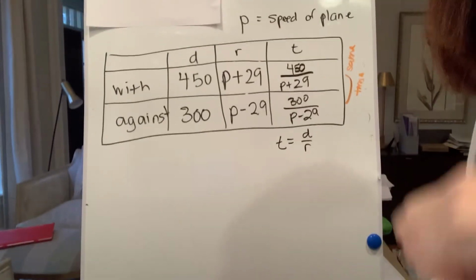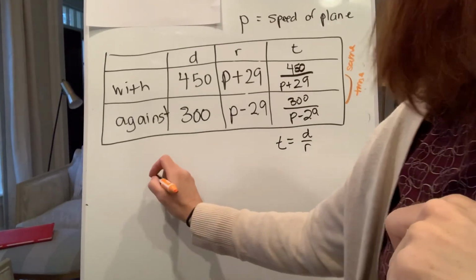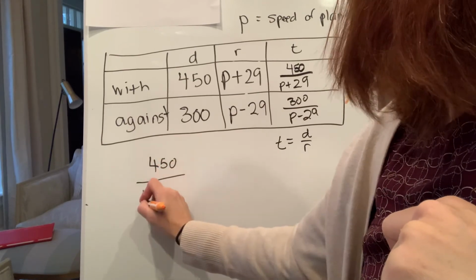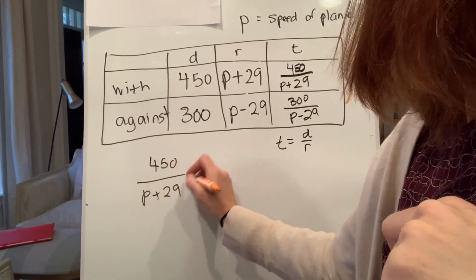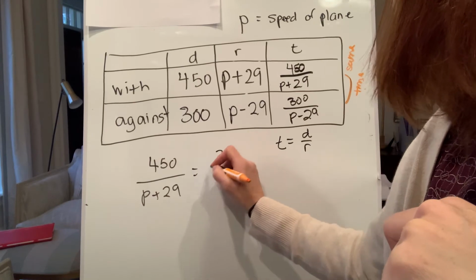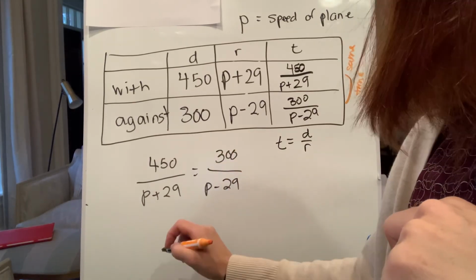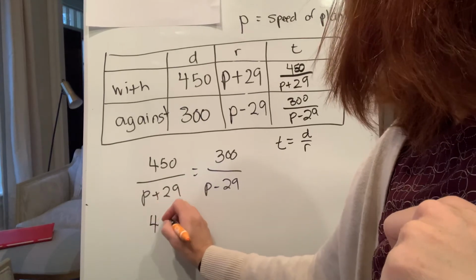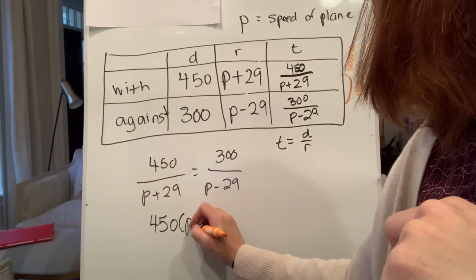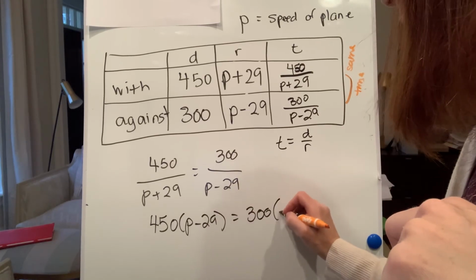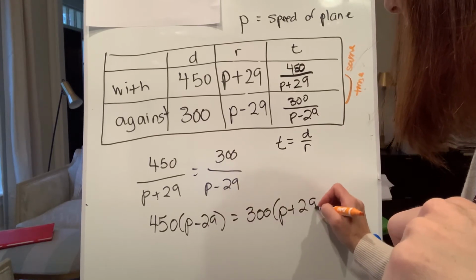Now let's solve. I'm going to set these equal to each other. 450 over P plus 29 equals 300 over P minus 29. I'm going to cross multiply. So I get 450 times P minus 29 equals 300 times P plus 29.